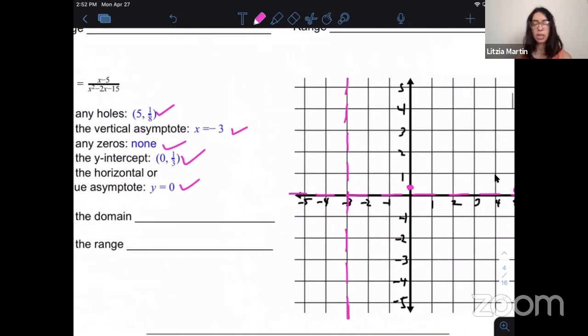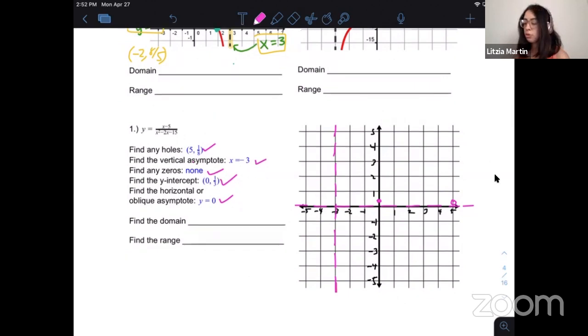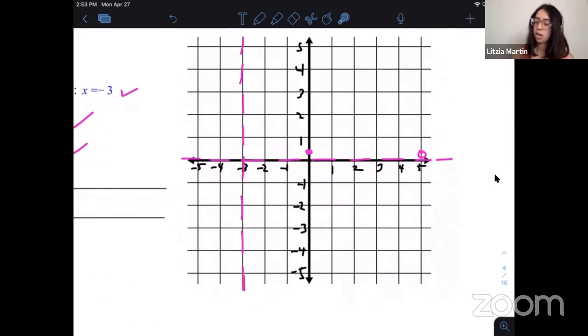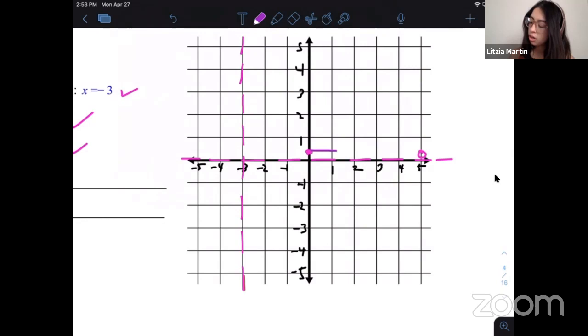Okay. So that's all the information that we're ever going to find. In this case, there were no zeros, so we can't put that in. But we have enough to be able to do our sketch. If we can see here, these are the asymptotes. So it's created kind of this quadrant here, another one there, and another one there. And I see that this intercept and the hole are on this side. So I can connect that, and then I know that's just going to keep going after that.